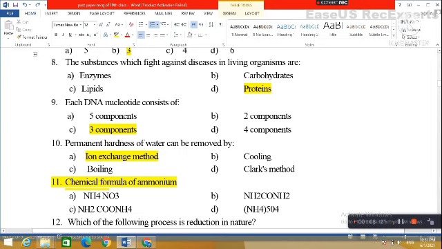Option A, NH4NO3, option B, NH2CONH2, option C, NH2COONH4, option D is NH4 and so on. So the right option is option C, NH2COONH4. This is the chemical formula for ammonium carbamate.